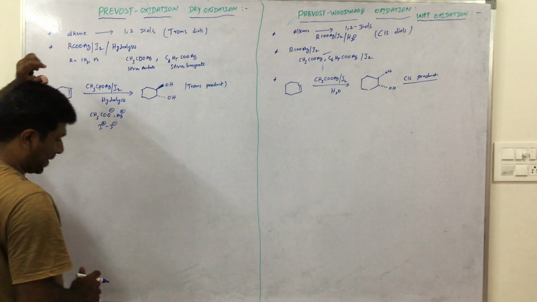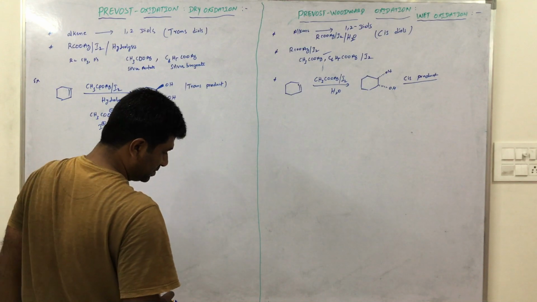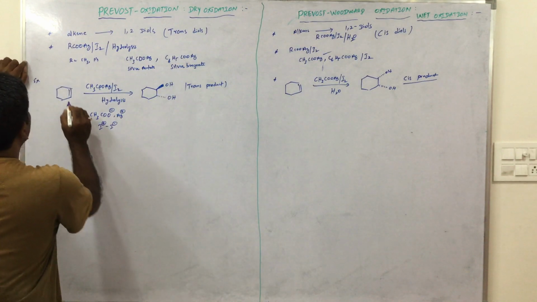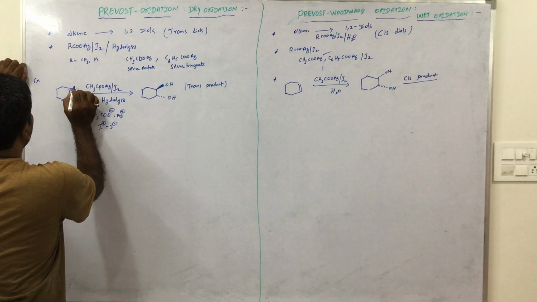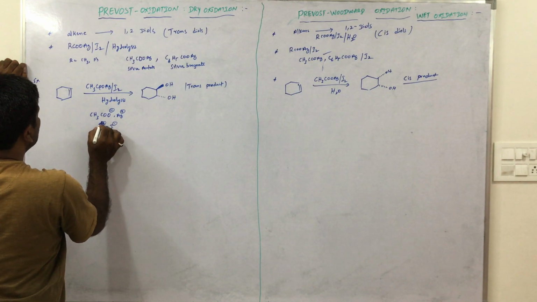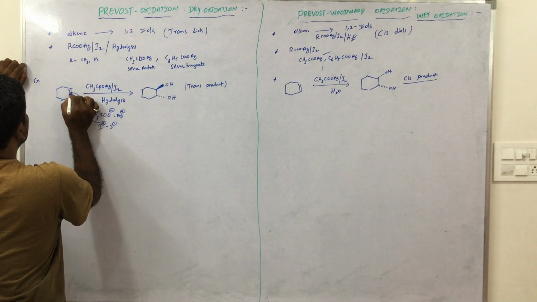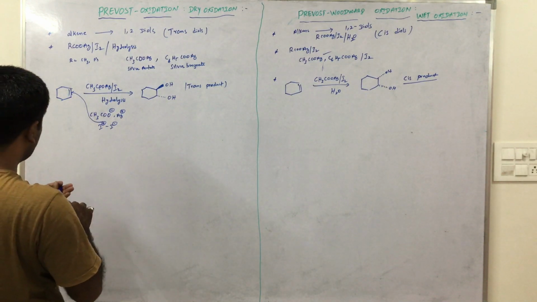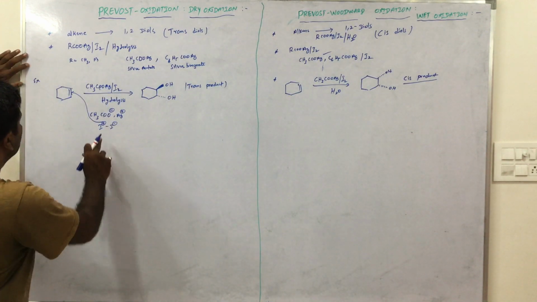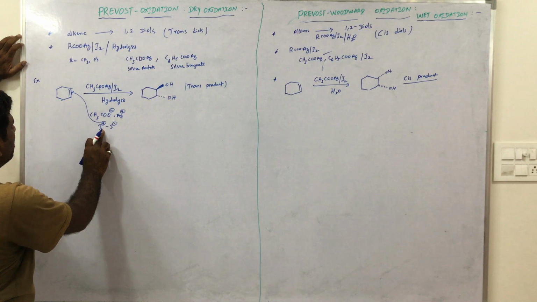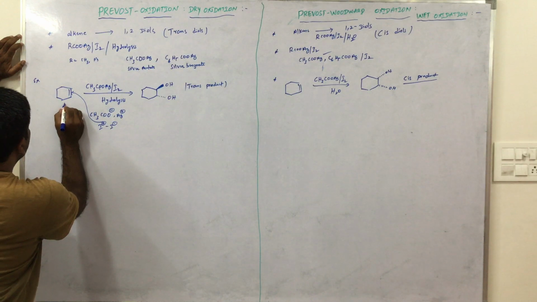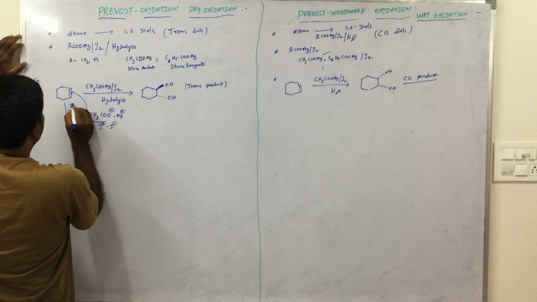Now the pi electrons are electron rich and iodine positive is electron deficient. So this electron deficient iodine attacks the pi orbital of this double bond, the pi bond.